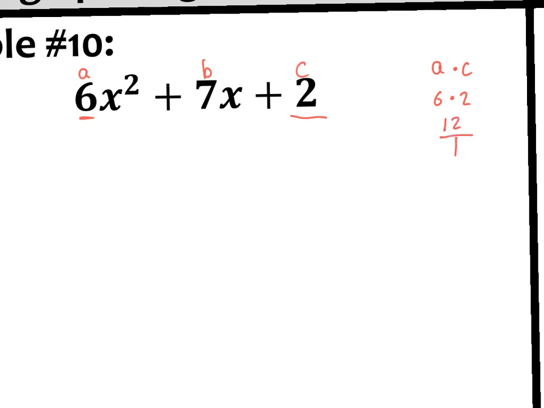Okay, so I'm looking for the numbers that multiply to be 12 that add up to be 7. Factors of 12 are 12 and 1, 2 and 6, 3 and 4. Okay, which one of those add up to be 7? 3 and 4. Okay, I can't skip to the end here. I have to do the split the middle process.